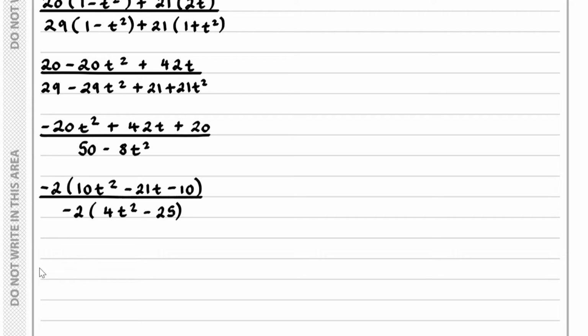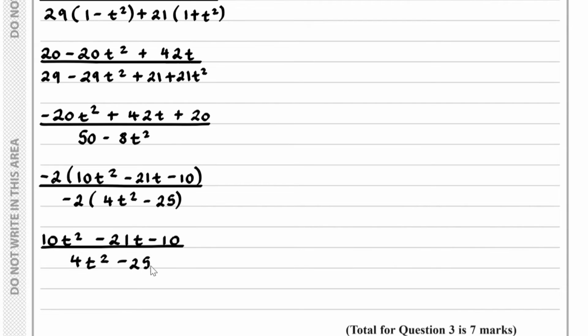The negative 2 simplifies to 1, and therefore we will be left with 10t squared subtract 21t subtract 10 over 4t squared subtract 25.